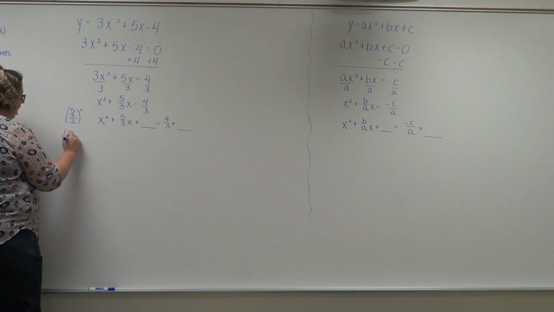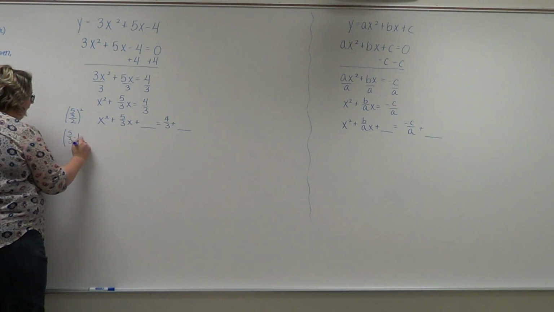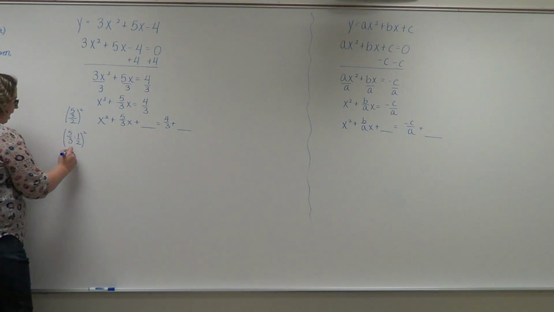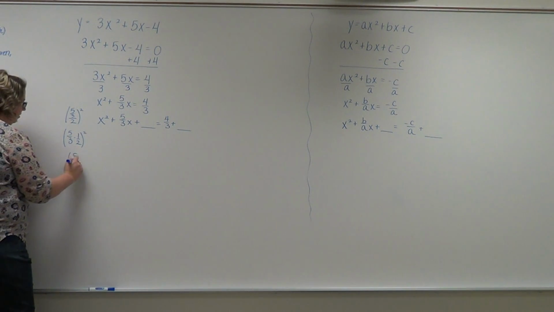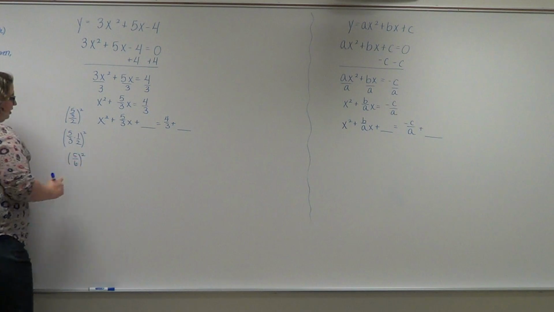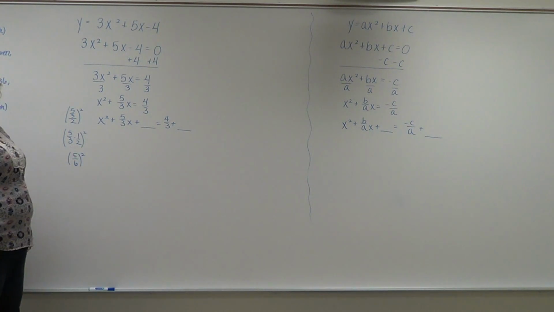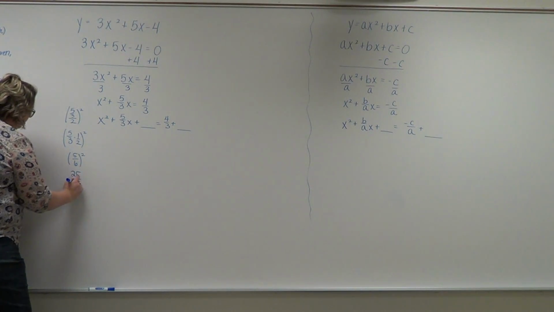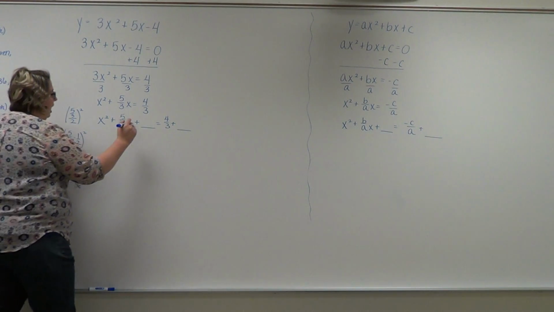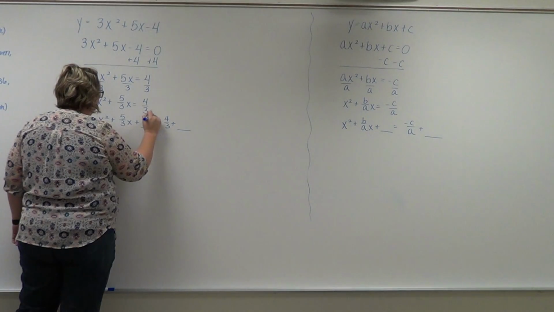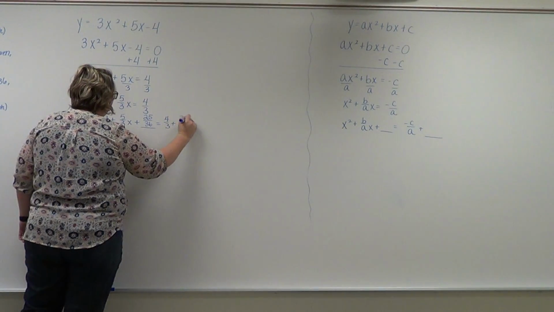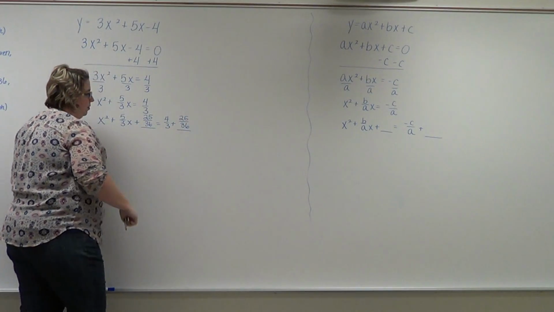So this would be 5 over 3 times a half, which would be 5/6. So what's 5/6 squared? 25/36. Okay, that gets added to both sides. So that's the number that goes in your blank.